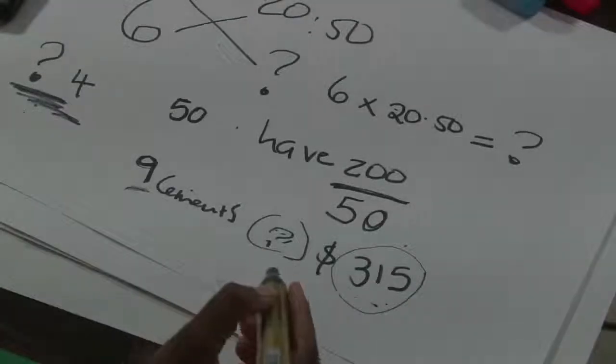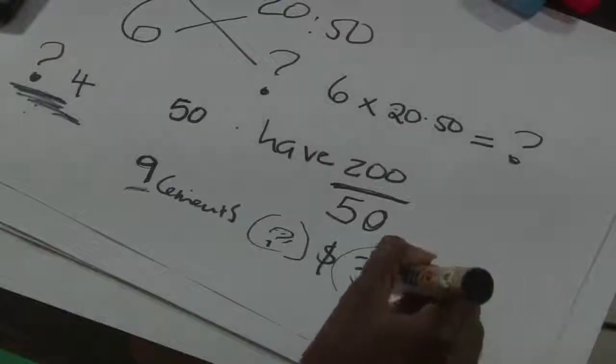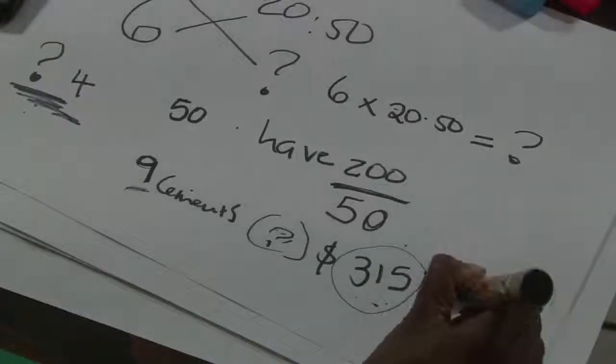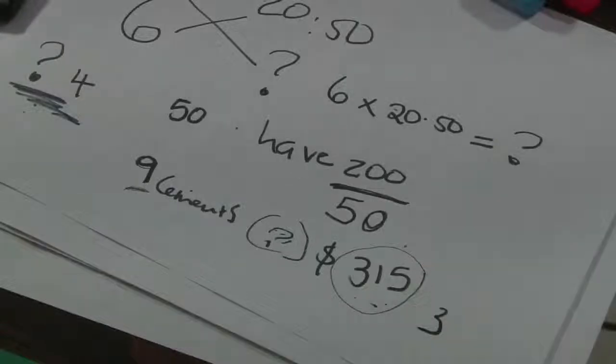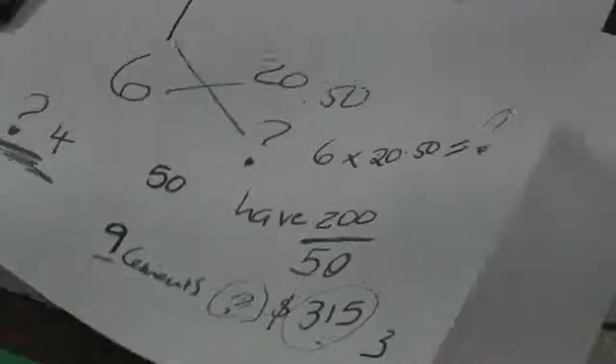Then you say it's 315, which is the total cost of the 9 cements. You divide it by 9 cements, because the 9 cements cost you only 315.